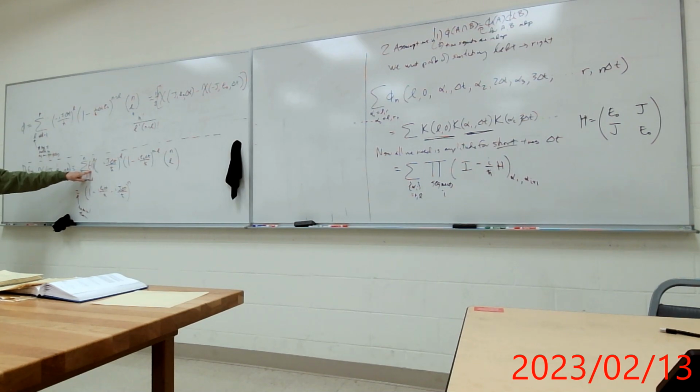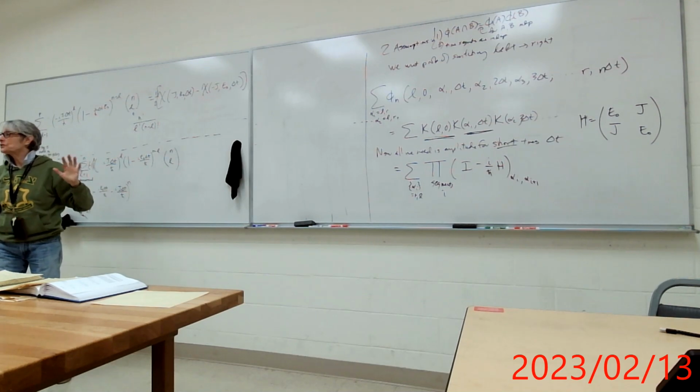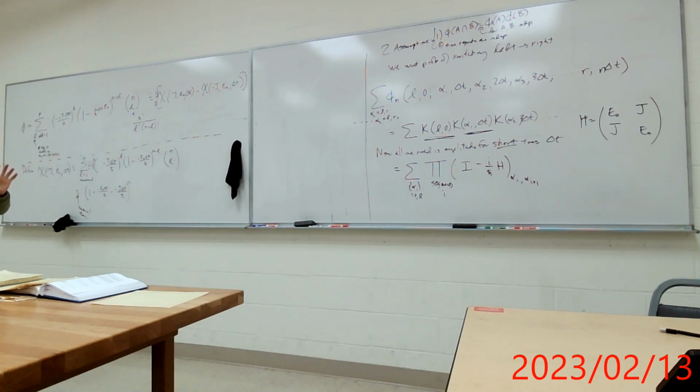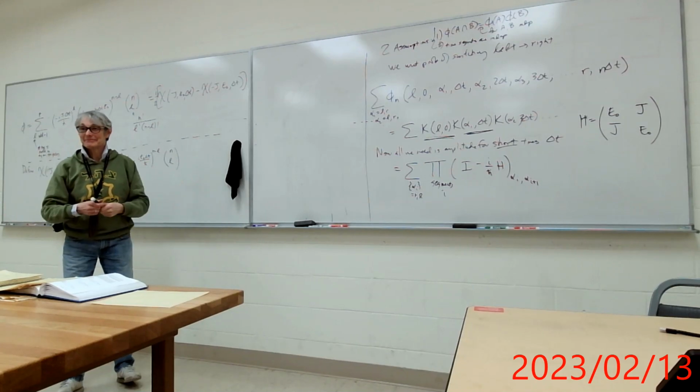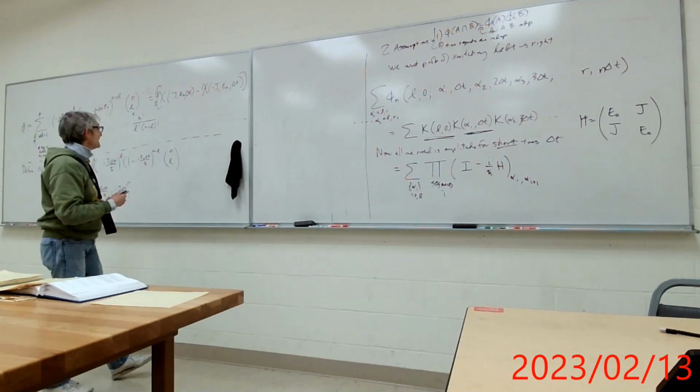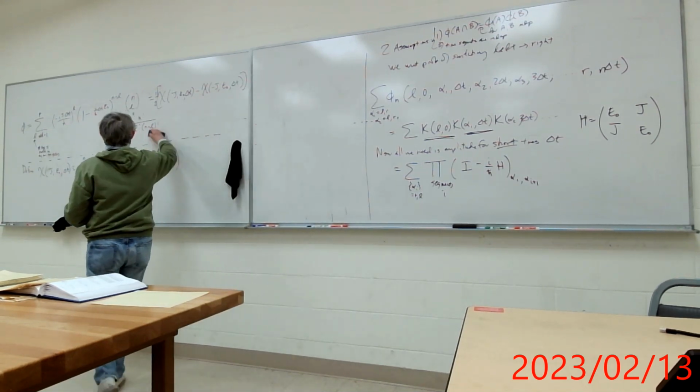If L is odd, this is minus 1. So what does this minus this do? It gets rid of all the even ones. Isn't that cute? And since I know how to calculate each of these using the binomial theorem, I'm done. Is that cool or what? All right, don't all cheer at once.